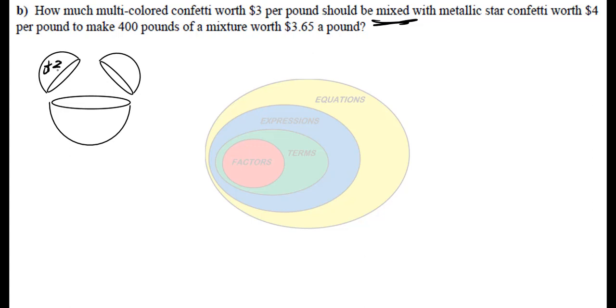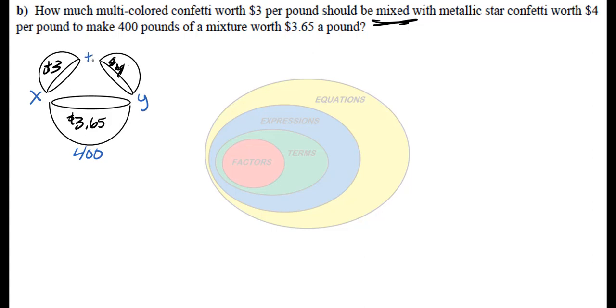So this would be $3 per pound, and this one would be $4 per pound. I want to end up with something that's $3.65 per pound. The variables that I'm going to use are just X and Y, and the total amount when I'm done is going to be 400 pounds.